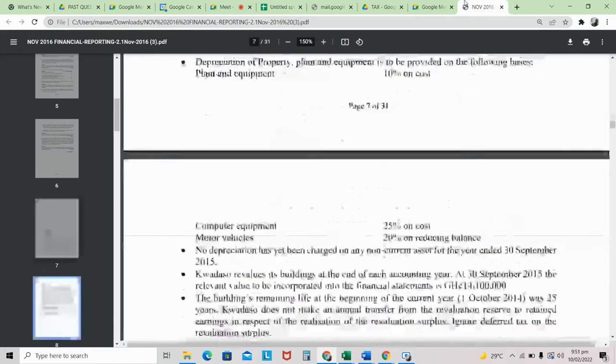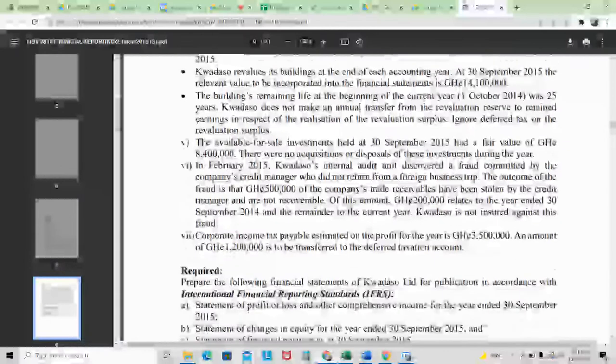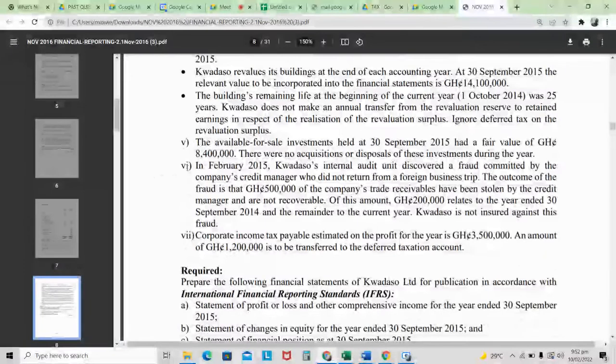Now let's look at another note. There's an interesting note here, the VI, the fraud issue. In February 2015, Kwadaso's internal audit unit discovered a fraud committed by the company's credit manager who did not return from a foreign business trip.